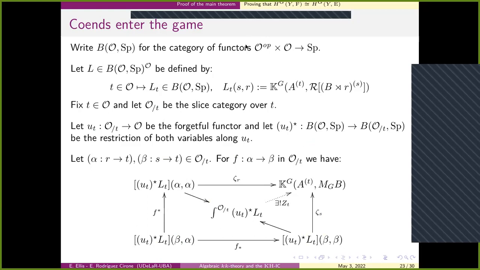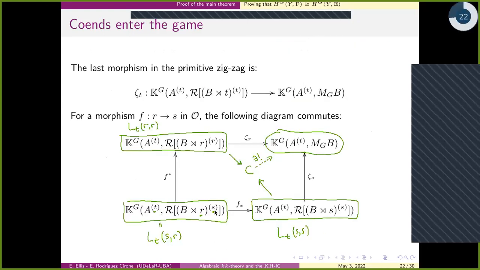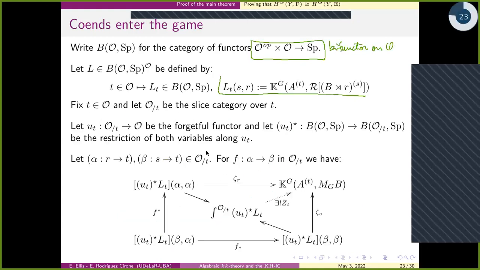This is what we will call bifunctors on O. So let L be defined in this way. That's what we were doing here. We are talking about this L, so that for each T, L sub T is a bifunctor on O.